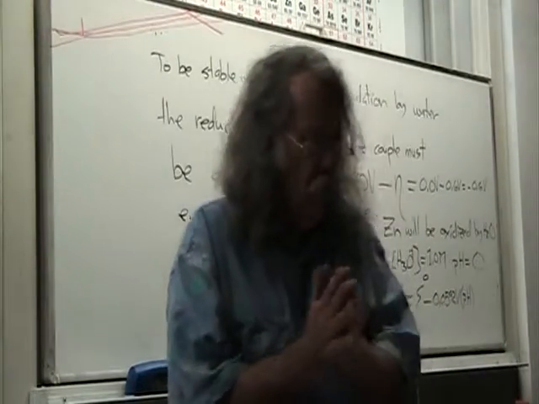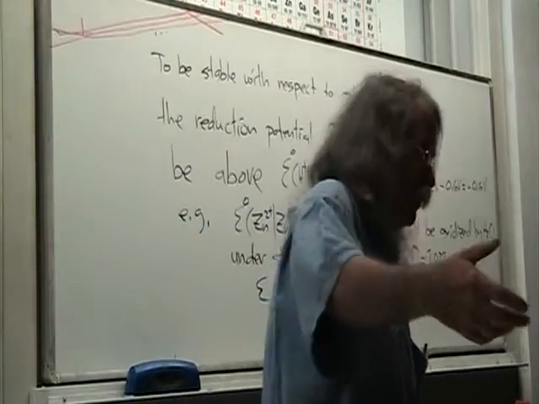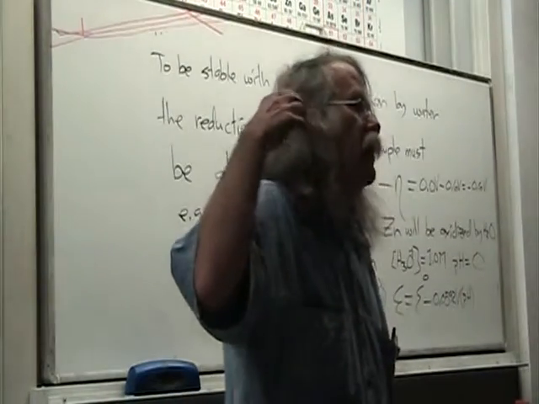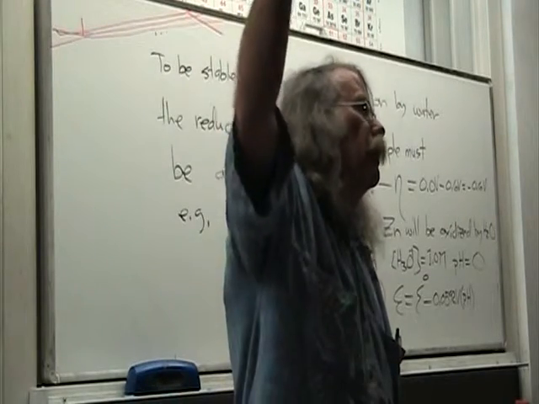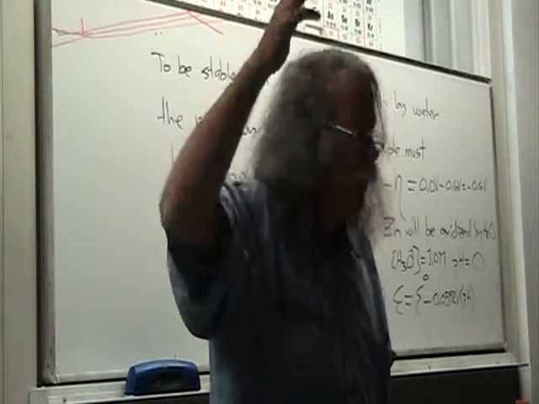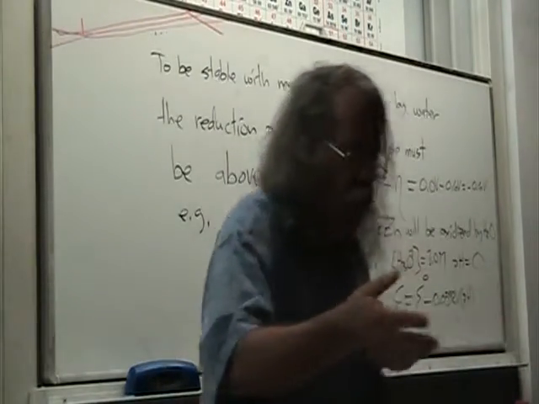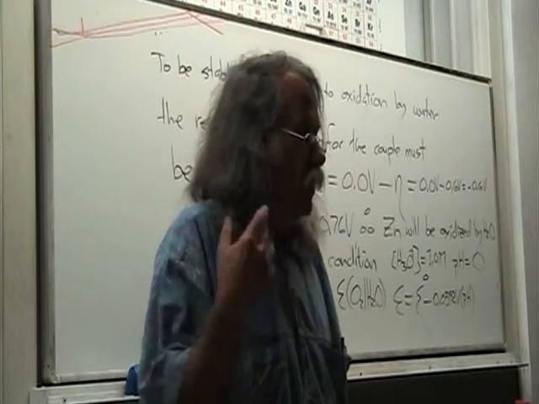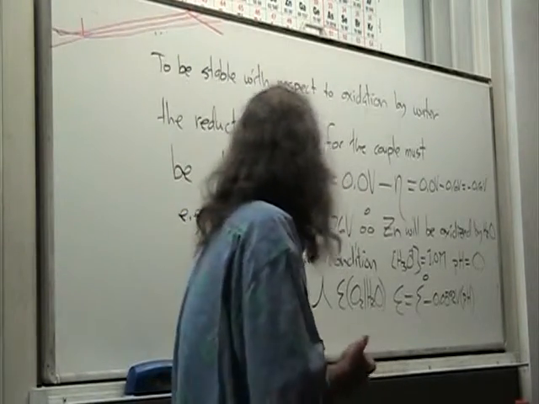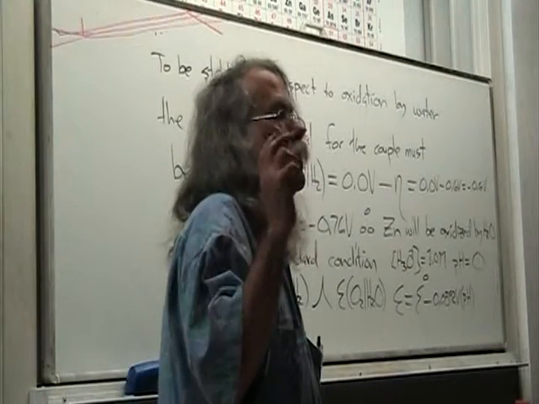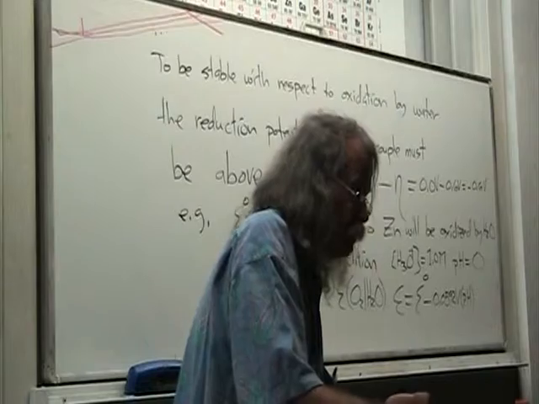And the only other thing we have to be concerned with is stability towards reduction by the solvent, and that means they have to be below 1.82 volts. So they're all stable with respect to being reduced by the solvent, and all the ones with a reduction potential greater than minus 0.6 volts are stable with respect to being oxidized by the solvent.